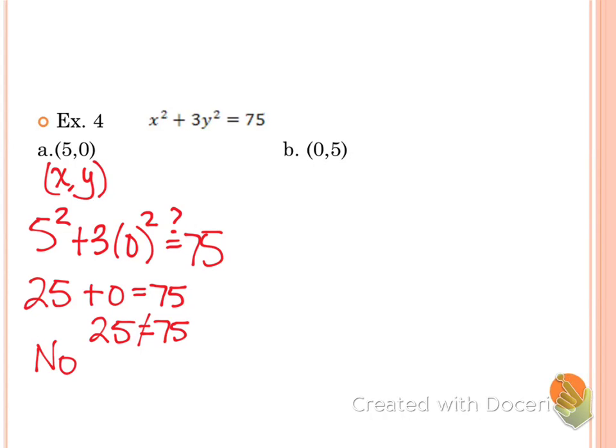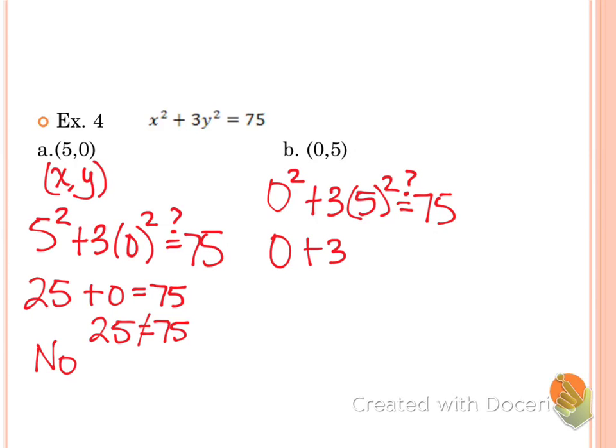All right, on part B. What am I plugging in for x? 0 squared plus 3 times what's going in for y? 5 squared equals 75. 0 squared plus 3 times what's 5 squared? 25 equals 75.